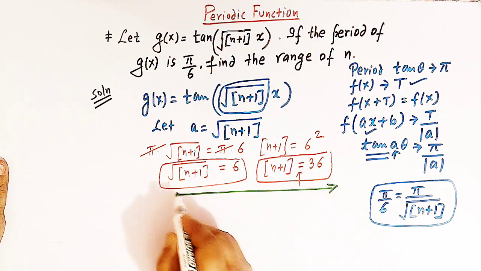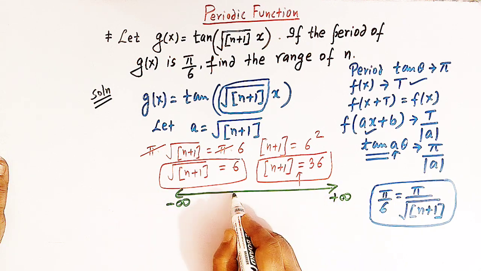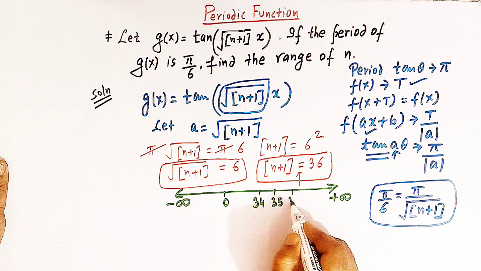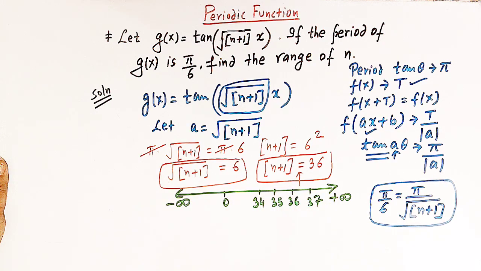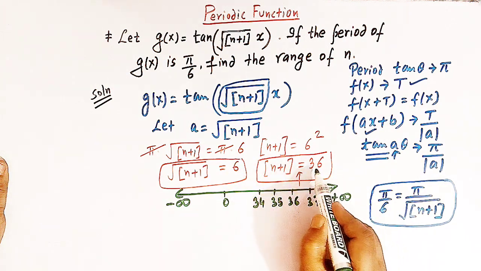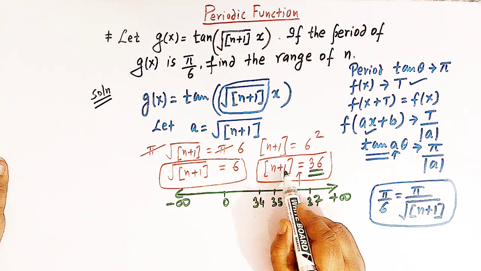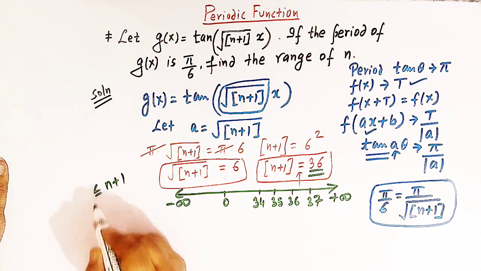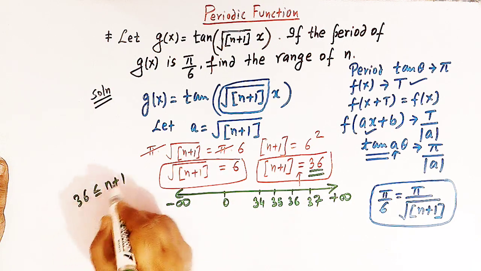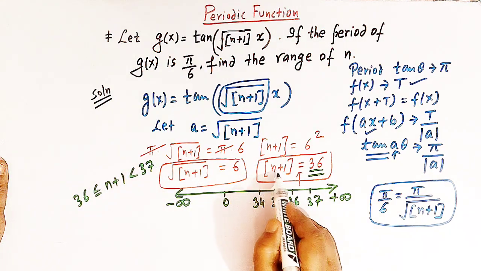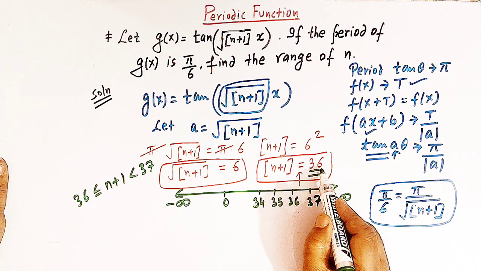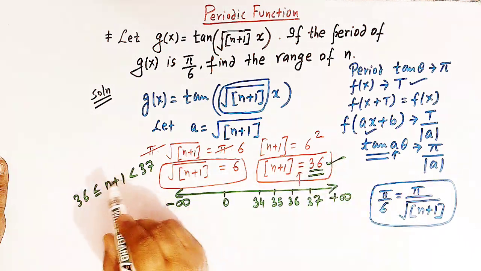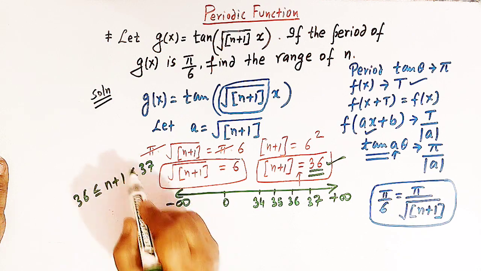Suppose this is our real number line, with 0, and here we have 34, 35, 36, and 37. Since the greatest integer of n plus 1 is equal to 36, n plus 1 has to be either equal to 36, or greater than 36 but less than 37.